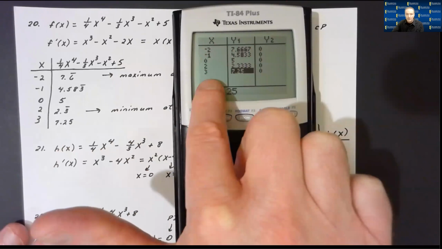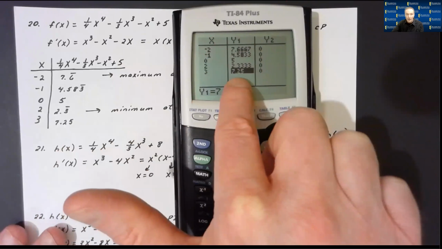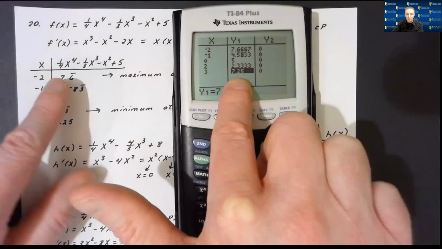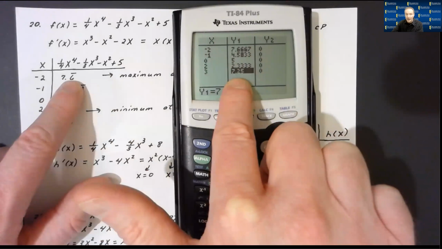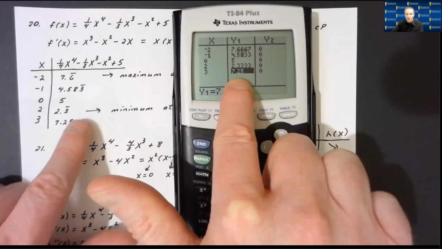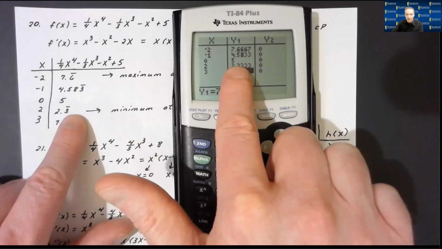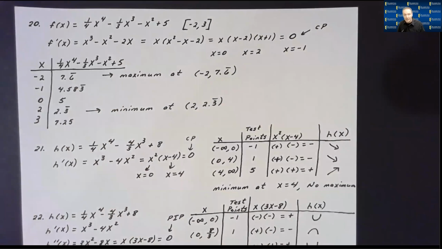But you can see all of the x values, their corresponding y values, and then you just say, clearly the highest y value is where the maximum occurs, and the lowest y value is where the minimum occurs. And I went ahead and said I have a maximum at the ordered pair -2, 7.6 repeating, and a minimum at the ordered pair 2 and 2.3 repeating.